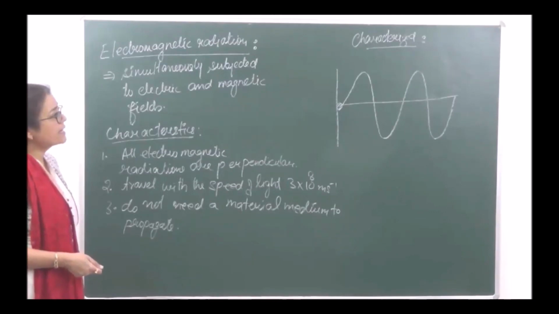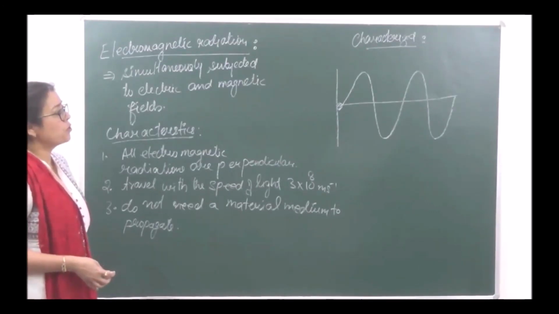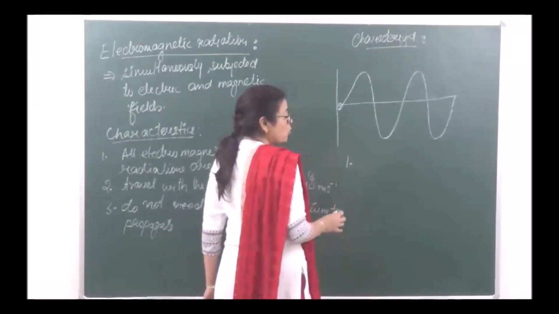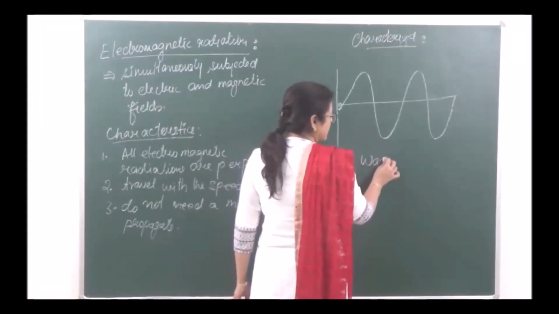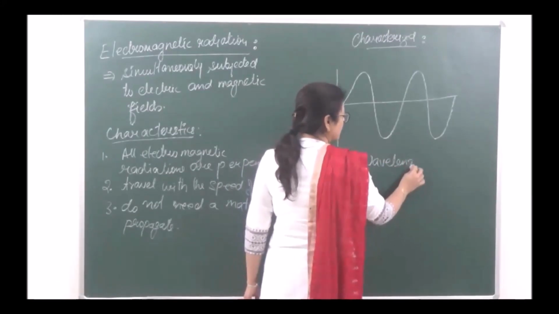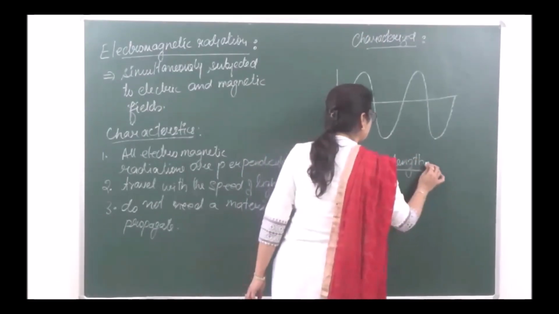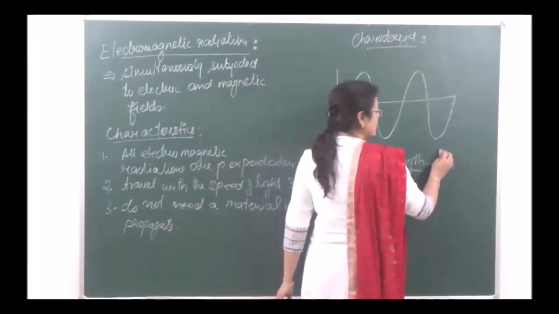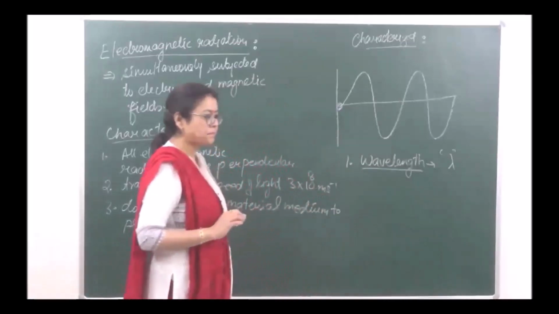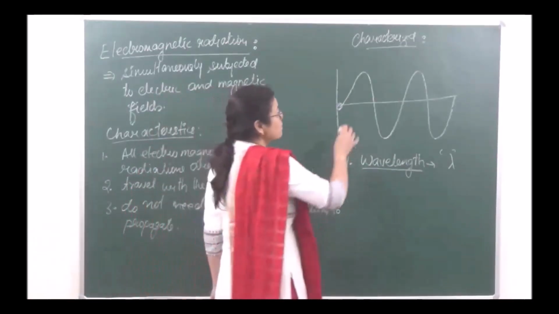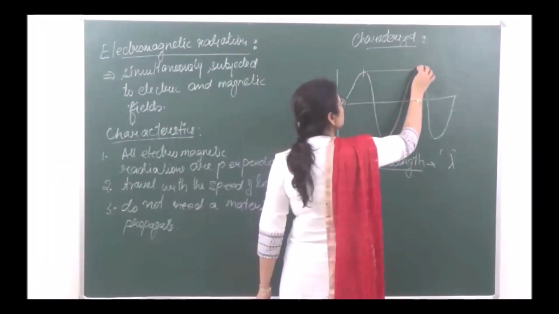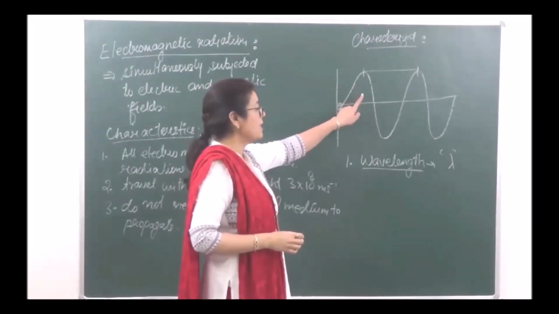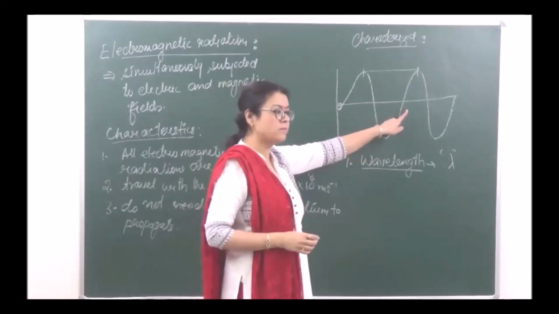Now when we are looking at the measurements which we do for the electromagnetic radiation, the first one is known as wavelength. Wavelength is given by lambda. What is wavelength? It is the distance between two crests. Crest is the upward displacement of the wave and trough is the downward displacement of the wave.